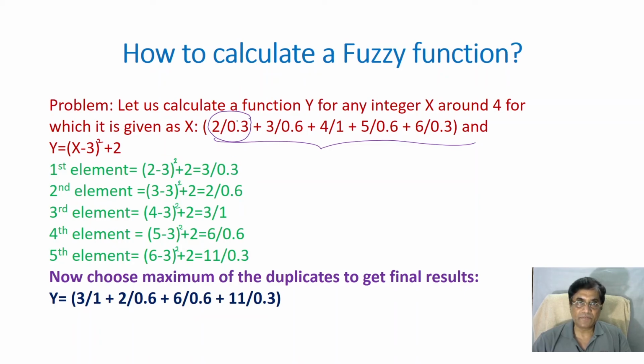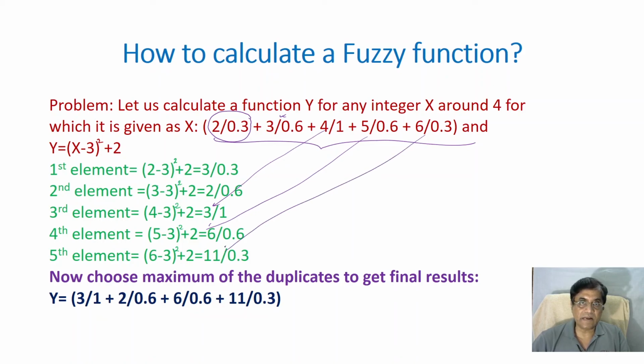And that membership value will be the independent variable's membership value. And likewise, 3 you put here, and then you get 2 and take the membership value of 3 attached with 3, 0.6. And then like that, you understand. This is third, this is fifth.